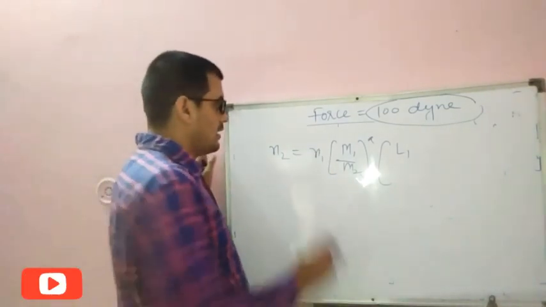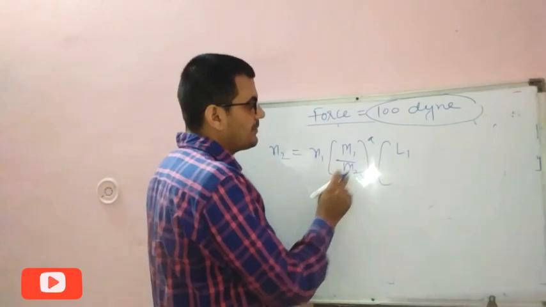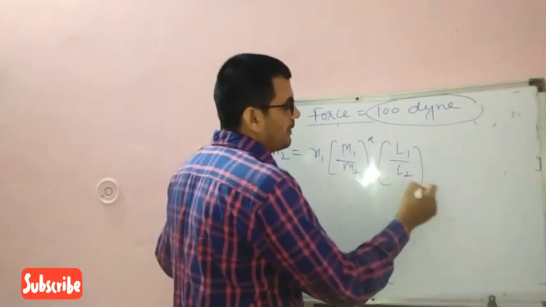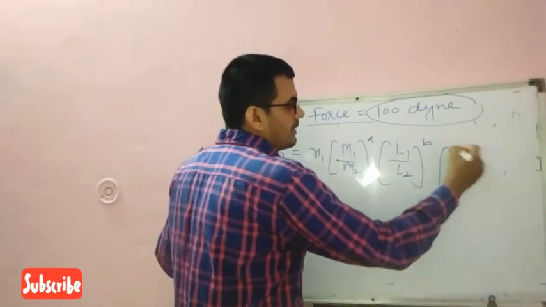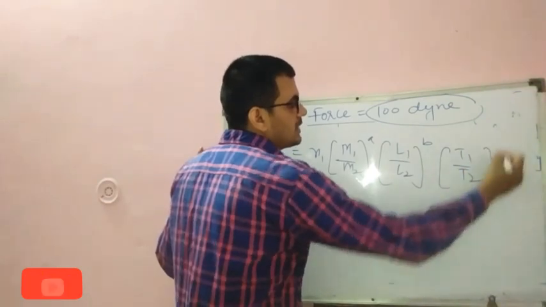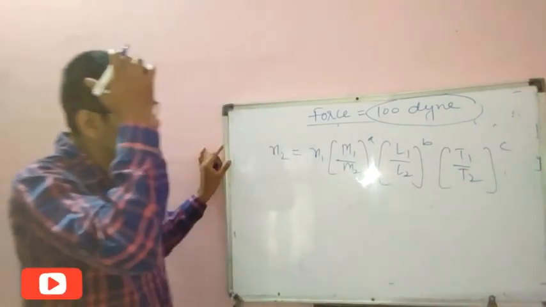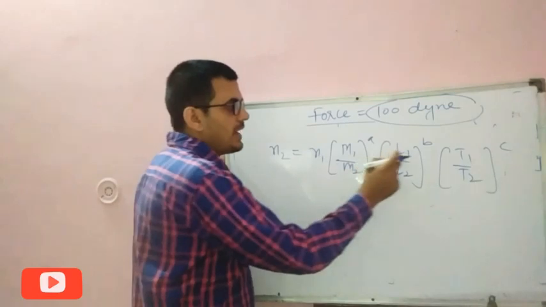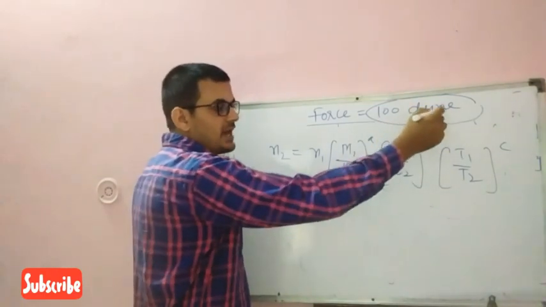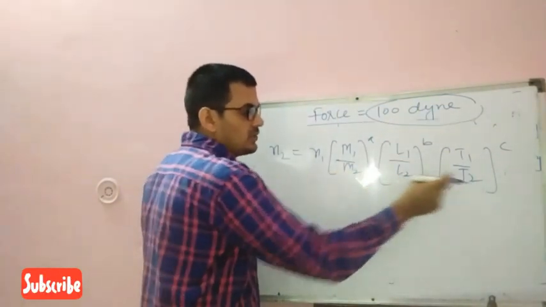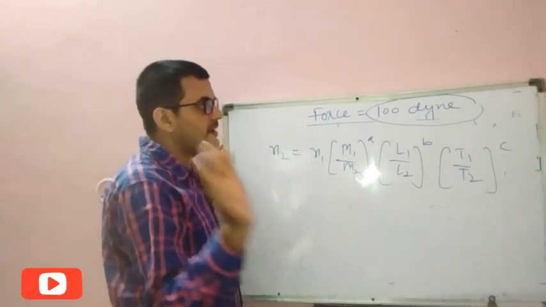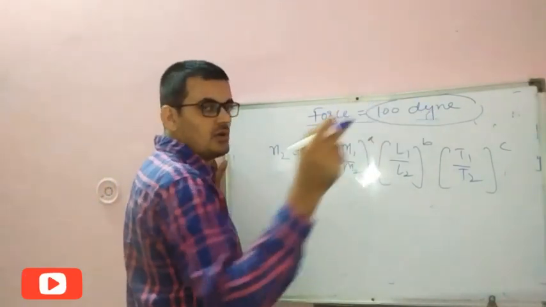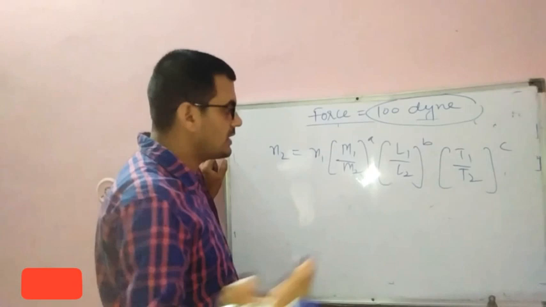So n2 equals n1 (M1/M2)^a (L1/L2)^b (T1/T2)^c. M1 L1 T1 is for dyne and M2 L2 T2 is for joule, because the question says to convert 100 dyne into joule.